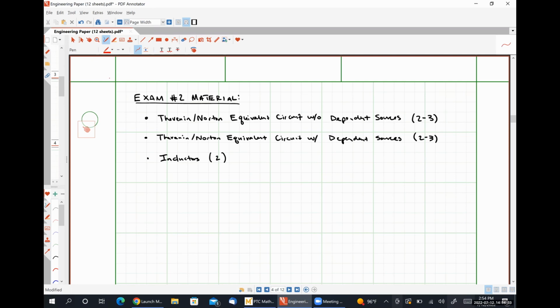the equations that you will need to know to handle these inductor problems are: the voltage drop across an inductor is equal to L dIL by dt. The current flowing through an inductor is 1 over L times the integral from t naught to t of VL prime dt prime plus IL at t naught.